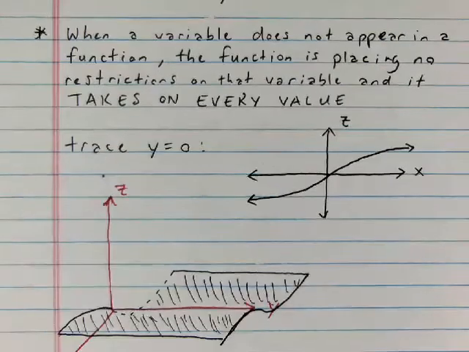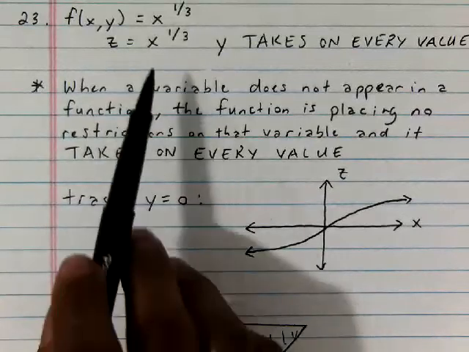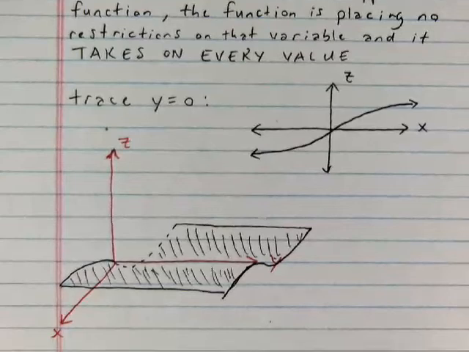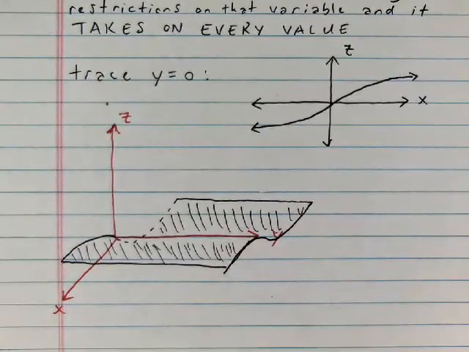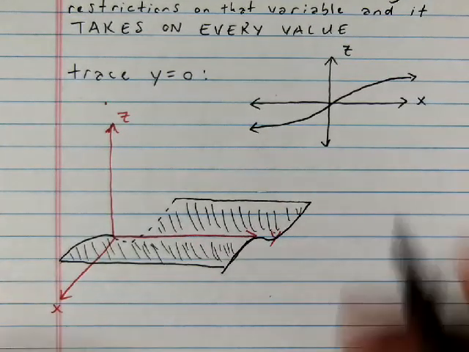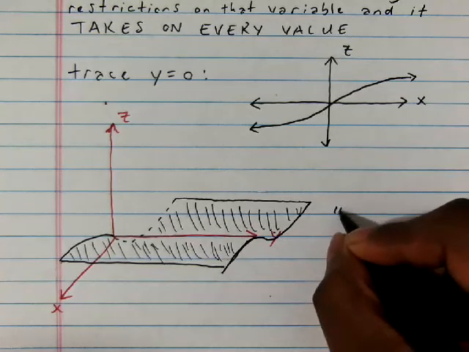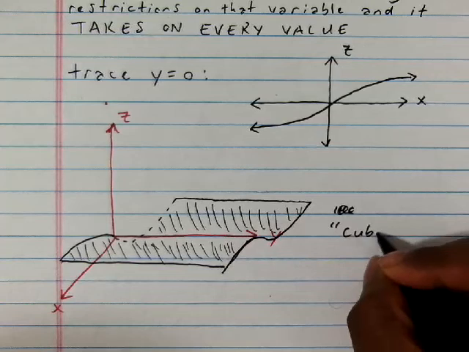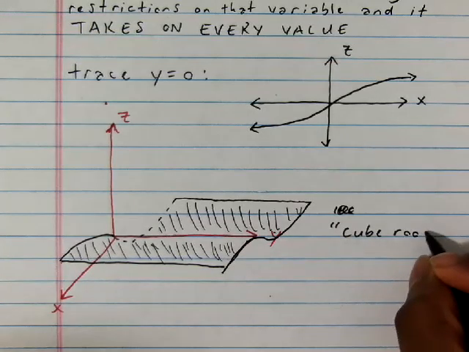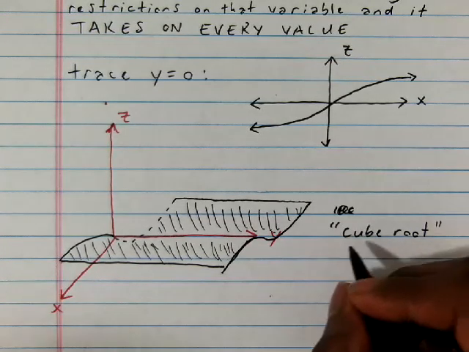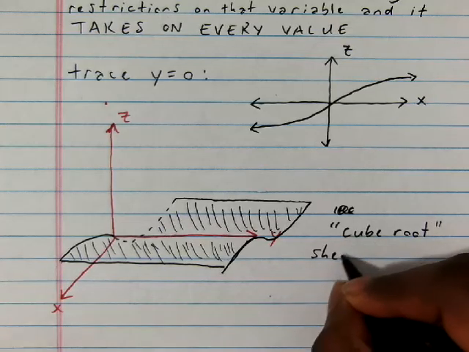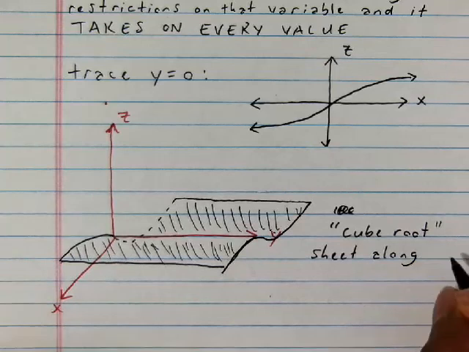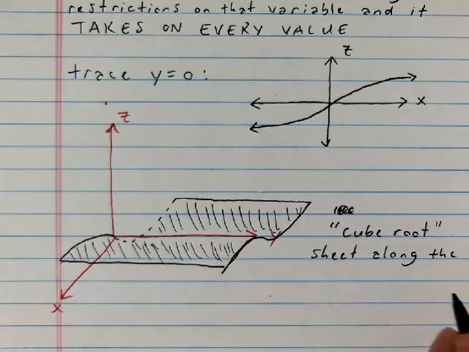Here we have the cube root function, so I would just call this a cube root sheet. Or you might see cylinder sometimes, but you're going to hear me use sheet. So I would say this is a cube root sheet, and just to be descriptive, I'll say along the y-axis.